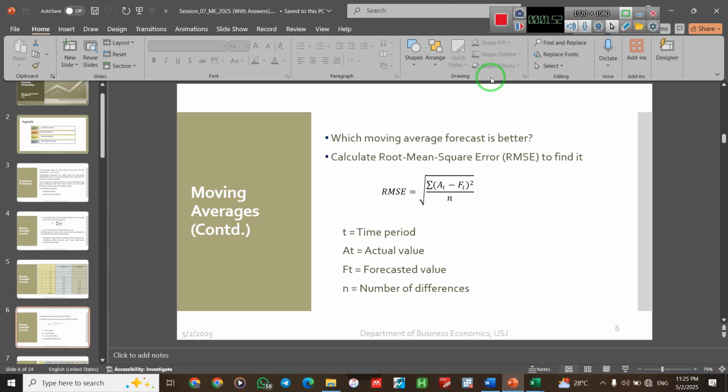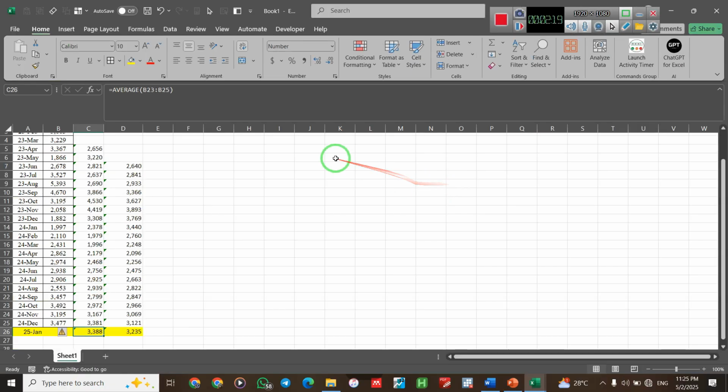In this RMSE formula you can see that A represents the actual value and F is the forecasted value. When you calculate RMSE, firstly you have to deduct your forecasted value from your actual value. So firstly we do this, right?